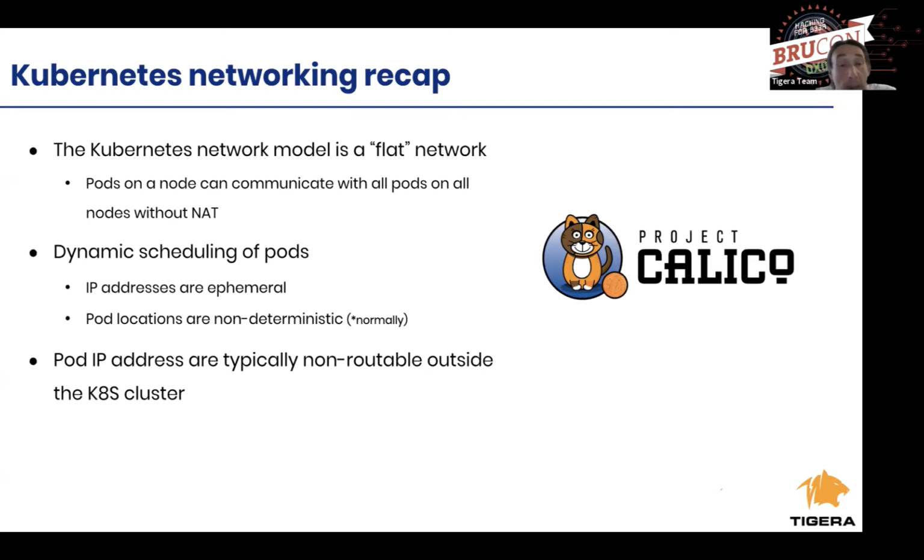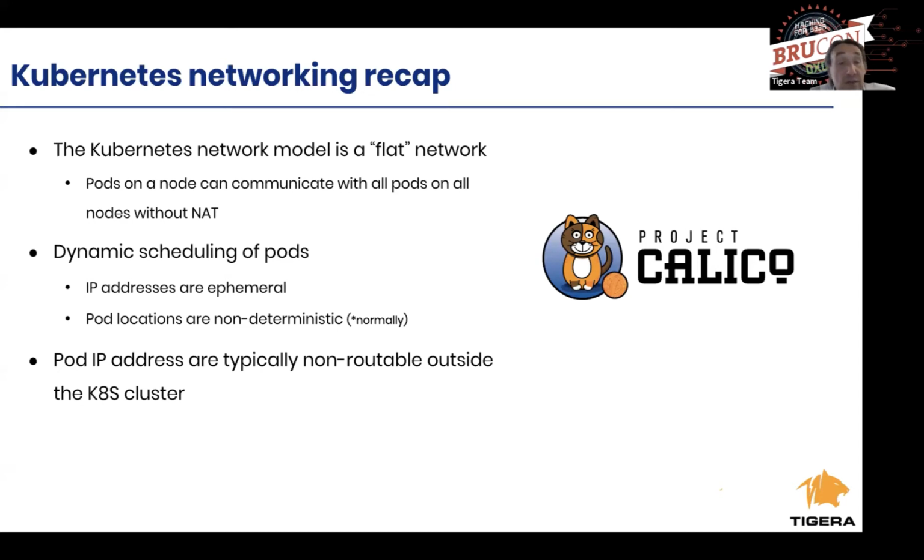So one of the reasons that Calico actually developed network security policies in the past is that if you deploy Kubernetes, the network seen from the pod side is actually one big flat network. That means that every pod can communicate with every other pod in the Kubernetes cluster without doing any type of address translation.